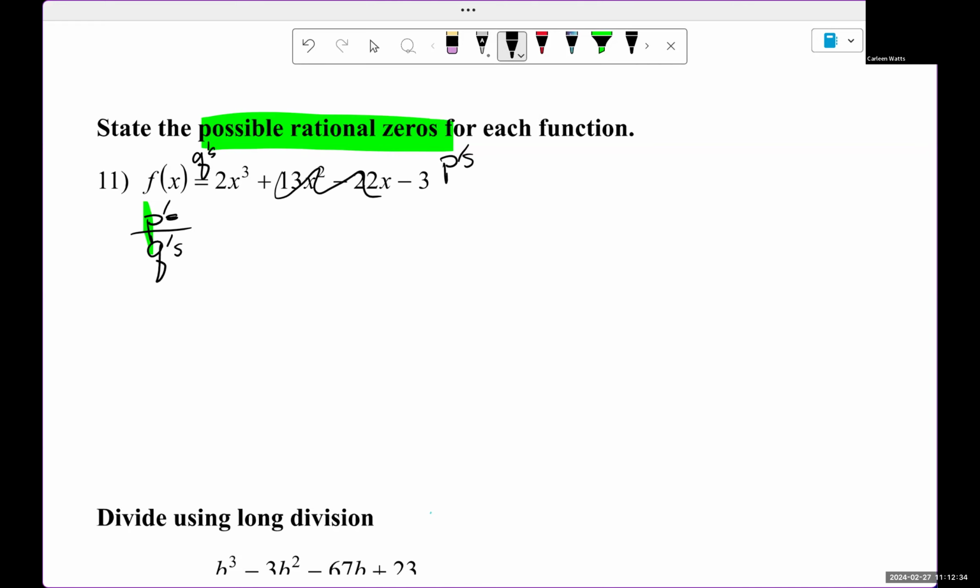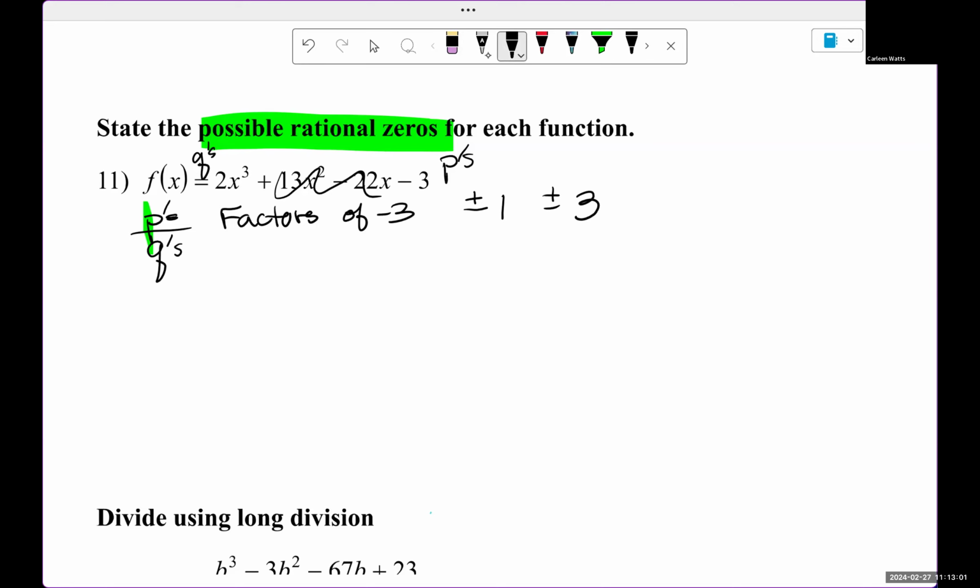So the P's, we need all the factors of -3. So we have, okay, we're just gonna do it this way. ±1, ±3. Now, can you see how this problem would be laborious if that was like 48?